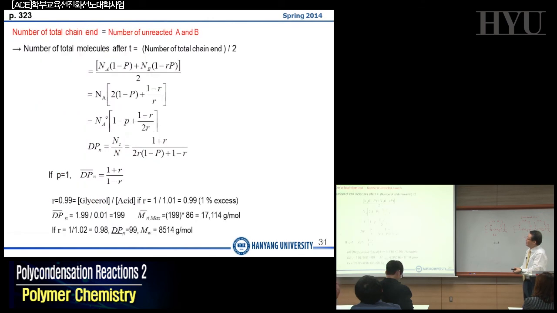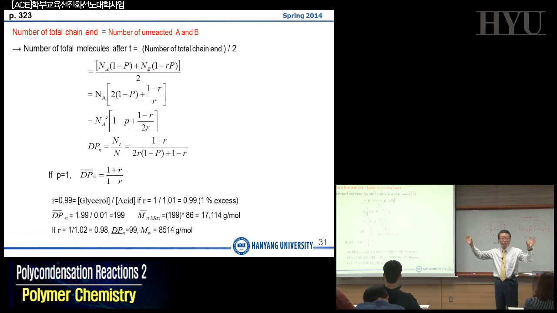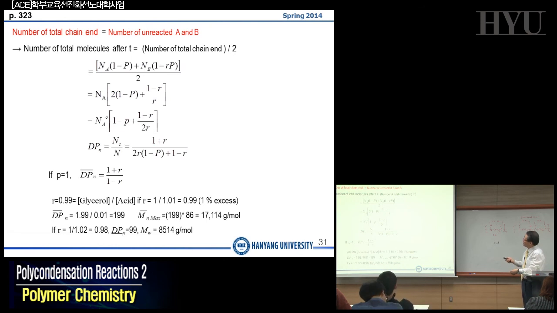Because at the end of your chain you have two ends, one end has one functional group and the second end has a second functional group, two chain ends are present.